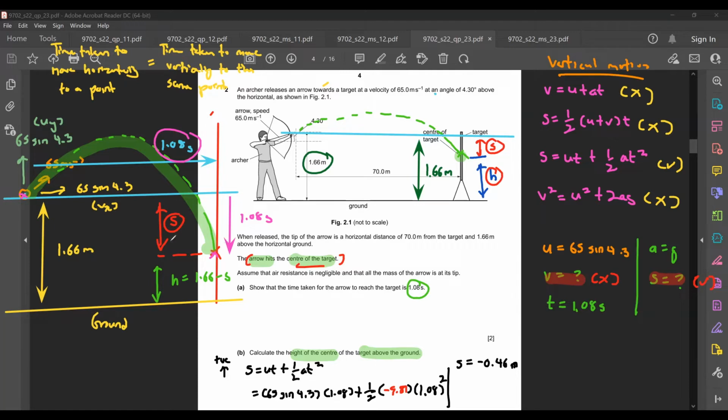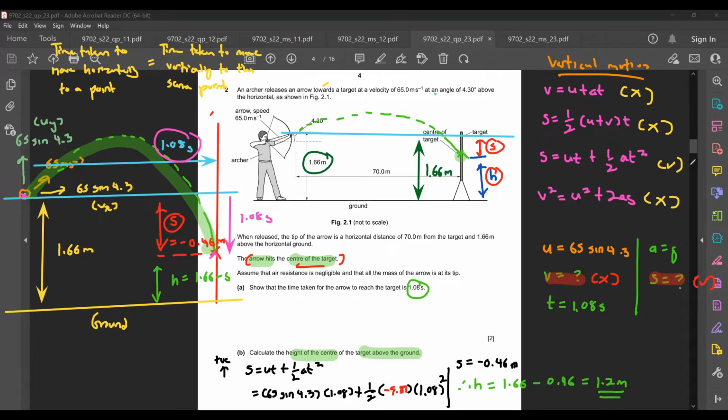It's actually negative 0.46 meter. So therefore, your height above ground would just be 1.66 minus 0.46, giving you 1.2 meter.